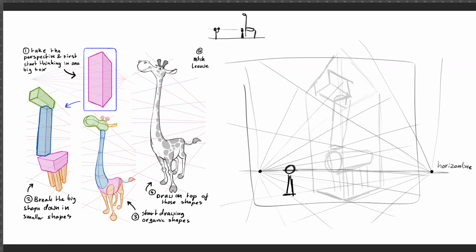So this would be the horizon line. So here we have this giraffe. Drawing it with these boxes is still hard, but it makes it a bit easier to do.